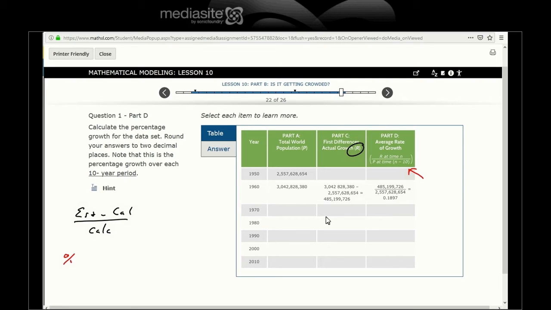So, for example, percent change from 2000 to 2010, well, would be the change of population from 2010 to 2000. So whatever the population of 2010 was minus the population of 2000, okay, divided by, well, what are we comparing it to?